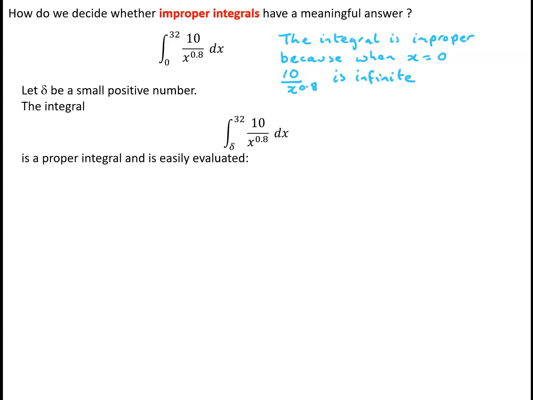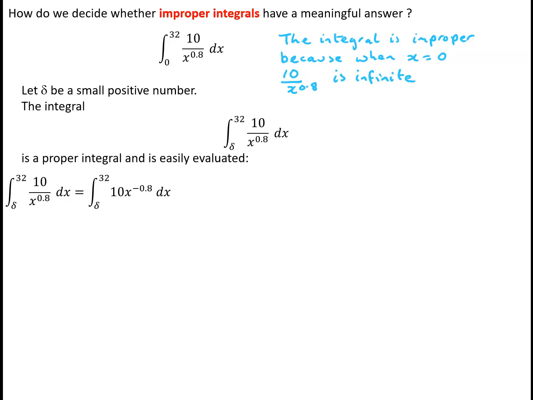Now that is certainly a proper integral, and we can evaluate it fairly easily. The integral between delta and 32 of 10 over x to the 0.8 is the integral between delta and 32 of 10x to the minus 0.8.